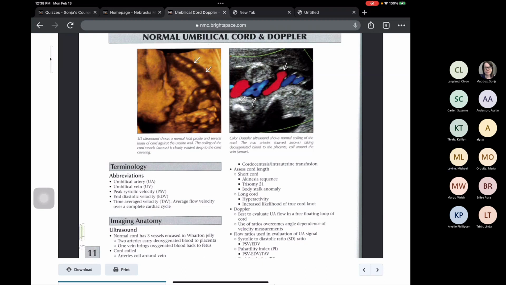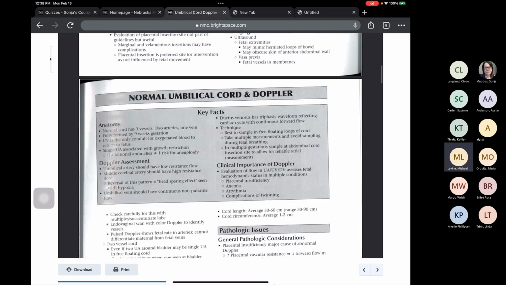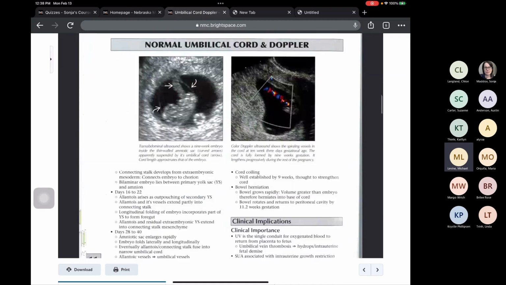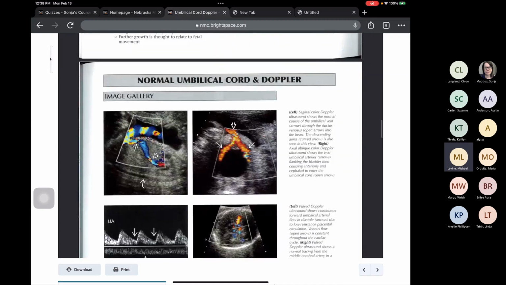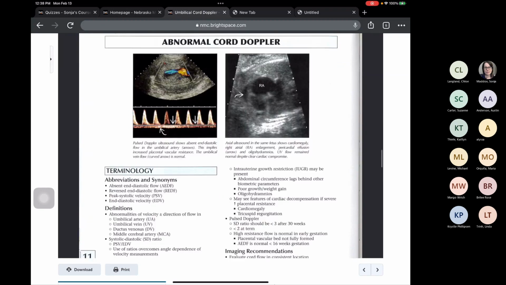Now, we're going to go to the second thing that we do, and that's the middle cerebral artery. The middle cerebral artery, located in the circle of Willis, is a vessel that normally has high resistance, the opposite of the umbilical artery.